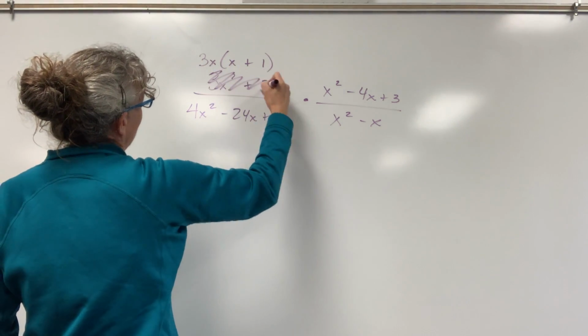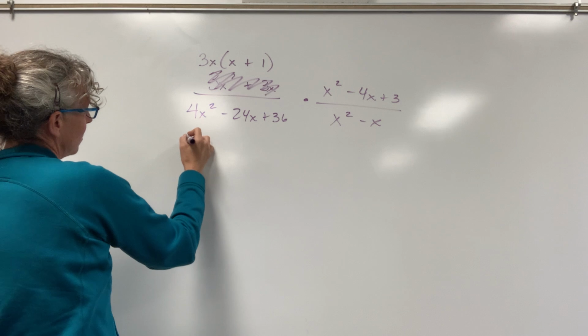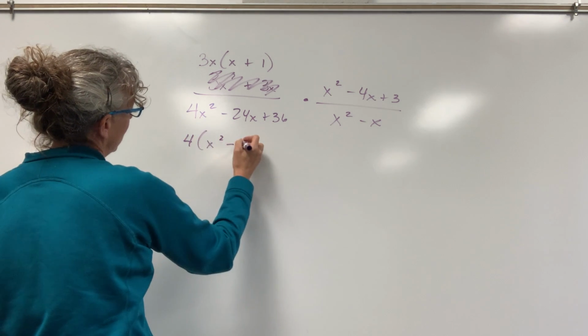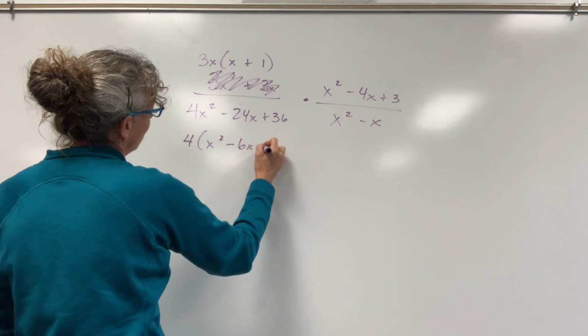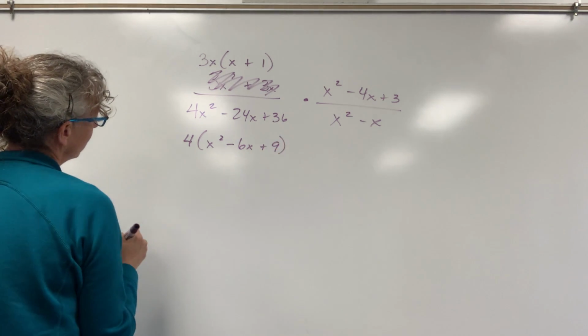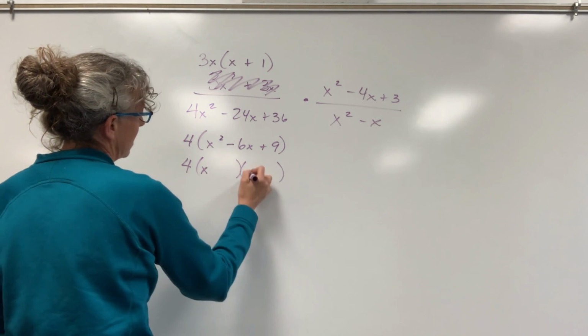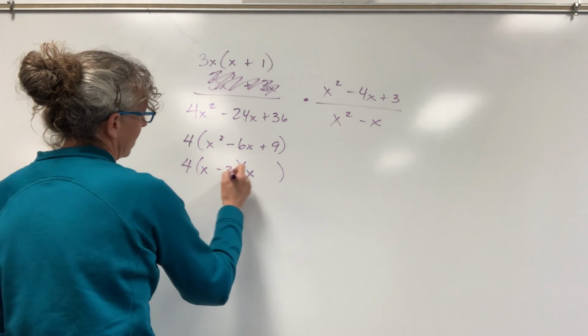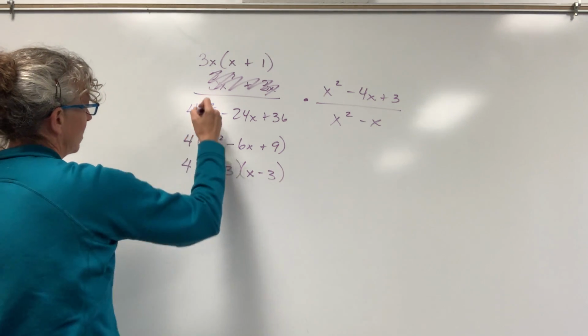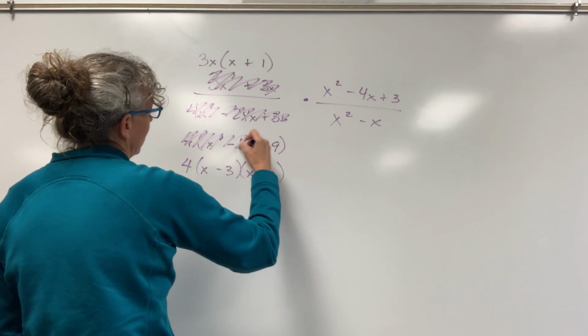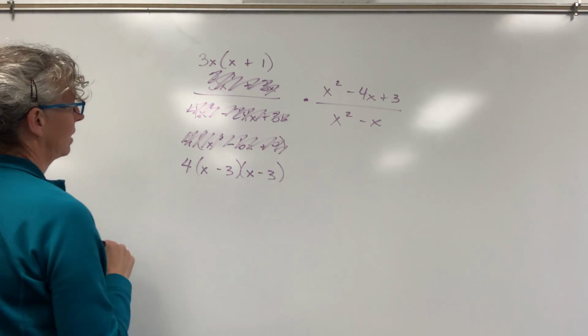Okay, I replaced that. Let's take a 4 out of this one, and we can have an x squared minus 6 times 4 is 24 plus a 9, right? And now we can factor that a little bit easier. We have an x and a 3 and a 3, I think, right? A minus 3 and a minus 3. So we got rid of this and simplified this to be this, right?